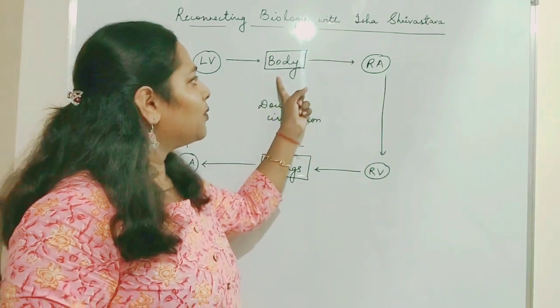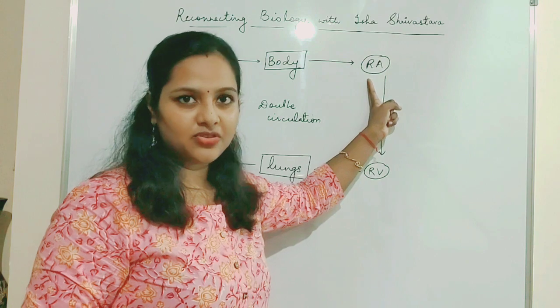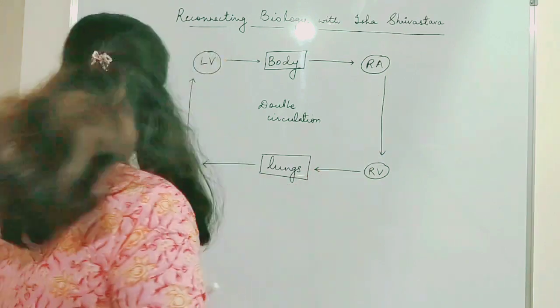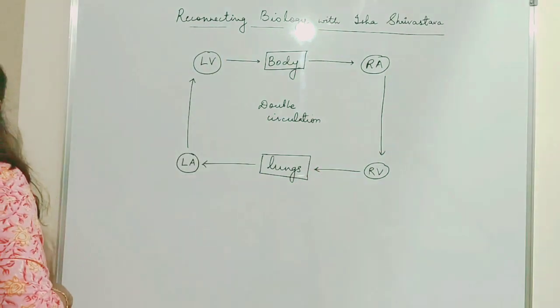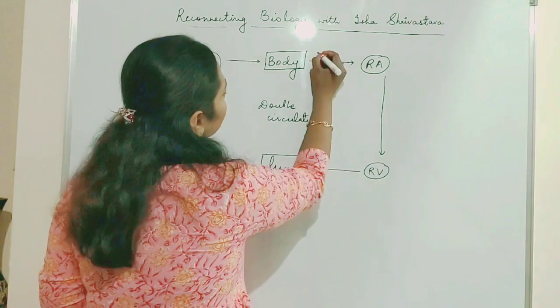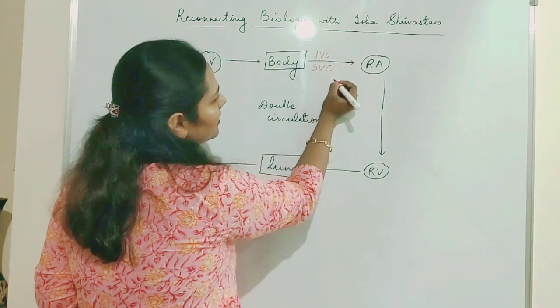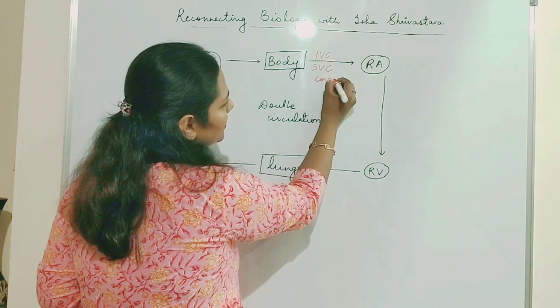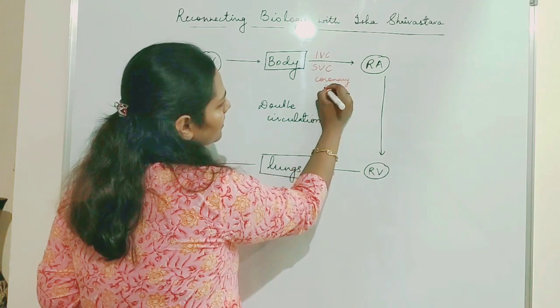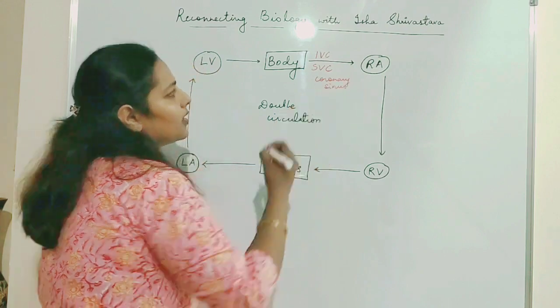The blood from the body flows into the right atria through three places: the inferior vena cava, the superior vena cava, and also the coronary sinus.